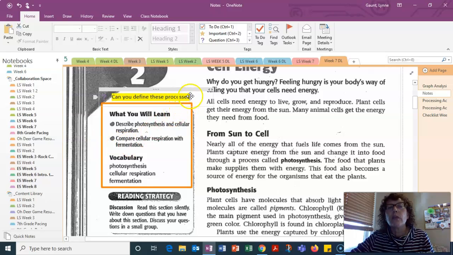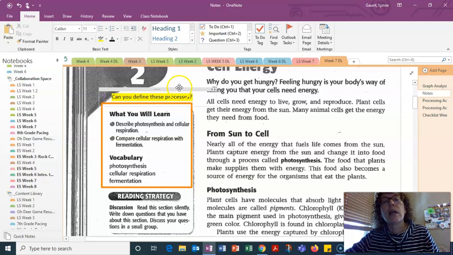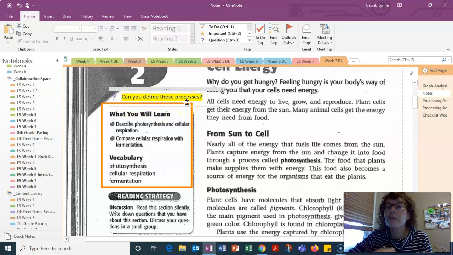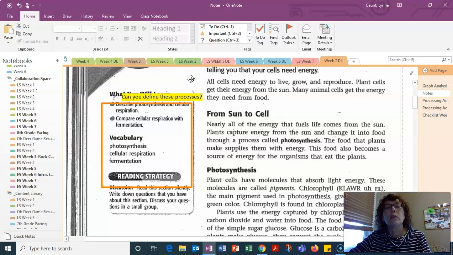You're doing it so that you'll know about the thing you're reading about. It's not like as soon as I'm done marking things up, then I'll suddenly know everything. I'll still have to go back and look at my notes and look at my markups. So I'm leaving myself a little note here. Can you define these processes? That's a note to myself. So when I come back and look, I can say, oh, yeah, I don't remember if I can do that.